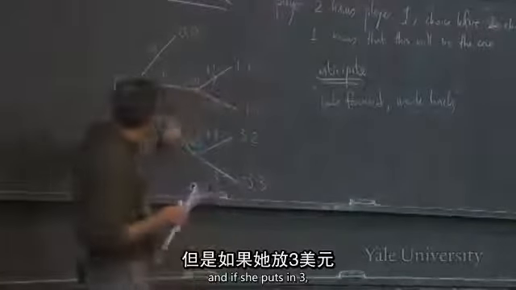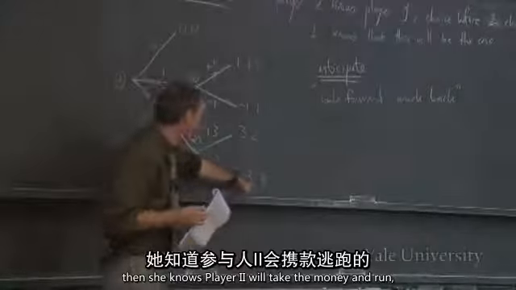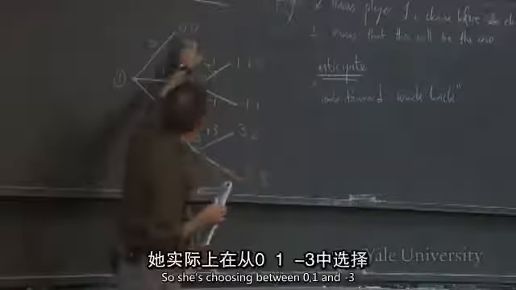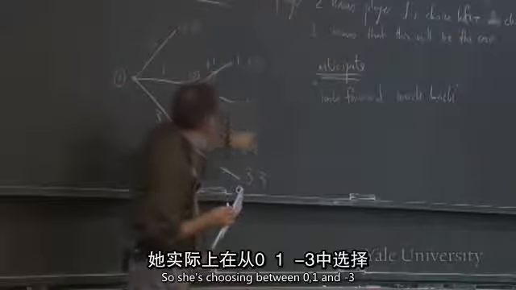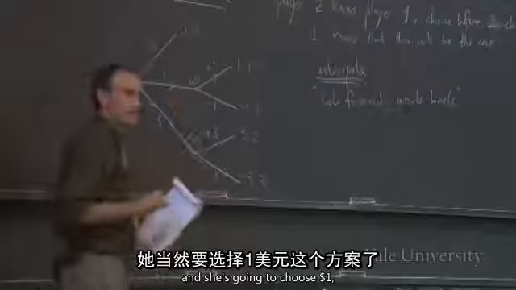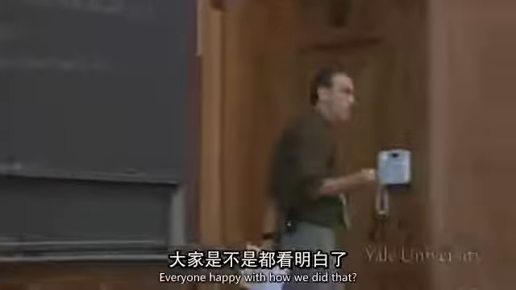And if she puts in 3, then she knows player 2 will take the money and run, in which case our lender will have lost $3. So she's choosing between 0, 1, and -3, and she's going to choose 1. Which is exactly what happened in the game. All right, everyone happy with how we did that?